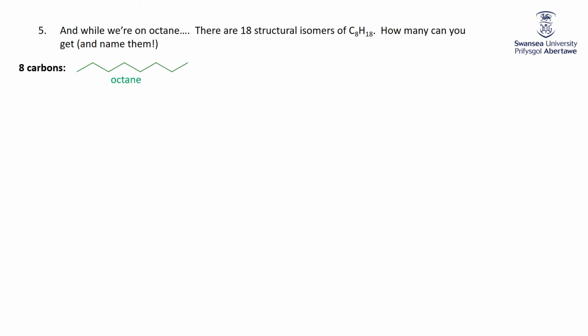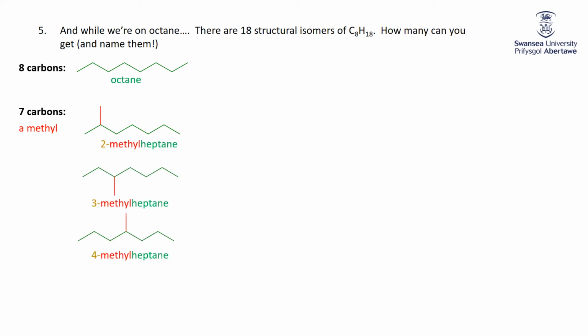Octane. If on the other hand I have a 7-carbon long chain, that means I have 1 carbon left over, which would have to be a methyl branch. So therefore this is going to be some form of methyl heptane, heptane for the long chain of 7 with a methyl branch. Well, you can't put a methyl on the end of the heptane because that would make it octane, so you have to start your methyls at number 2. So I can put 1 at 2, I can put 1 at carbon 3, I can put 1 at carbon 4.